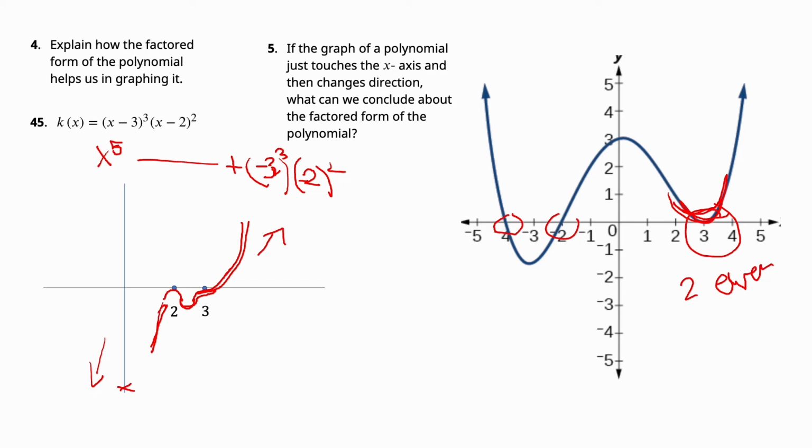These, because it's kind of going straight through, I'm pretty much guaranteed there's no wiggle in it. It's probably, although I can't be 100% certain, degree 1. So just by looking at this, I could guess that this would be like x plus 4 for that one, because it's probably degree 1, and I know this one is x plus 2, because that crosses through, and then this one would be x minus 3 squared, because I know it has to be at least.